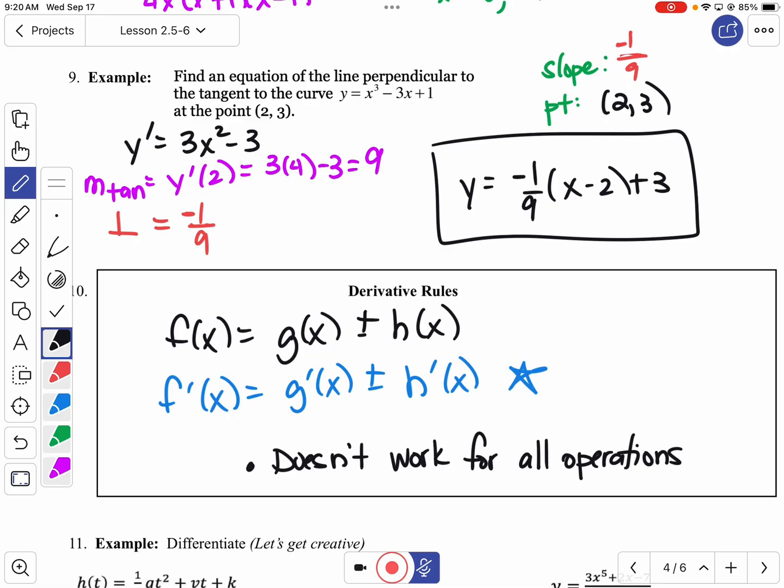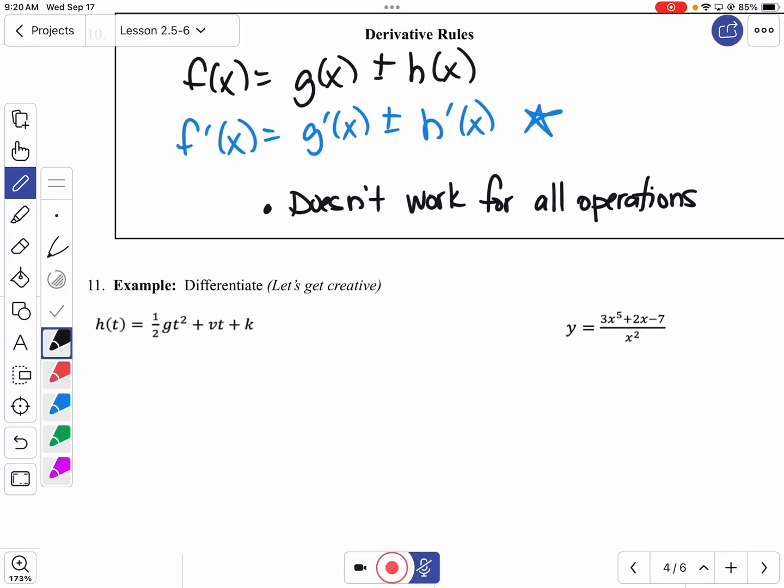So let's take a look at this one. I really like it. This is let's get creative, because everything we know so far is the general power rule, but it wants me to differentiate. If I look at this first one, what's weird about it? Yeah, there's letters everywhere, like alphabet soup exploded in that problem.